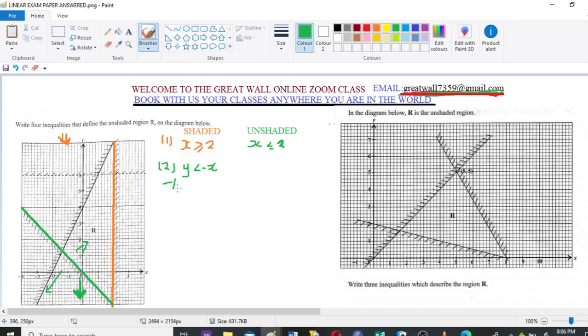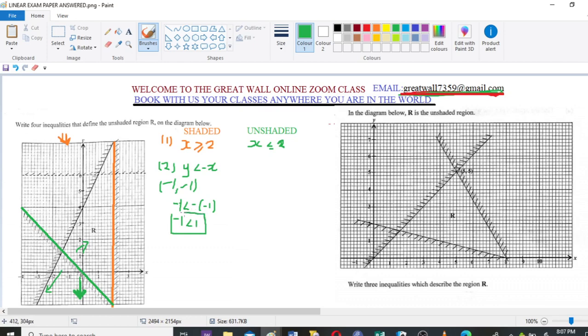If we fix this into the inequality, we are going to have negative 1 is less than negative open bracket negative 1, so negative 1 is less than positive 1. Is this true? Yes, this is very much true.